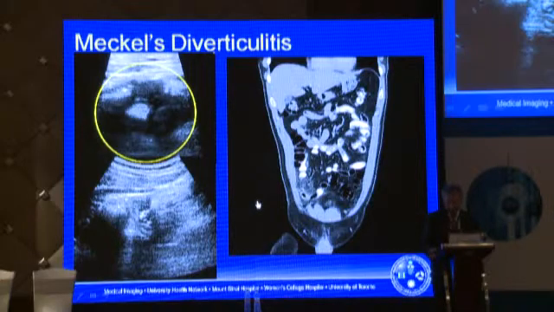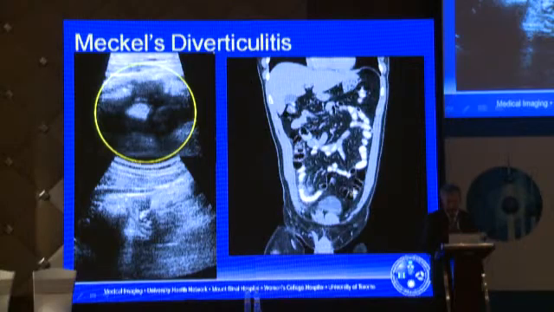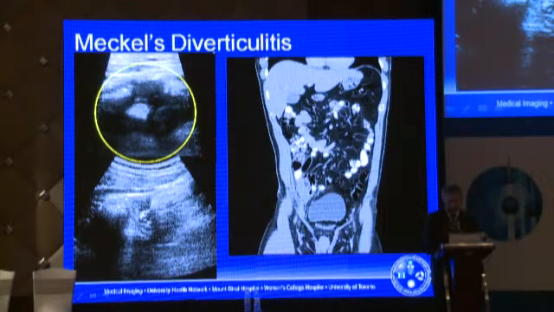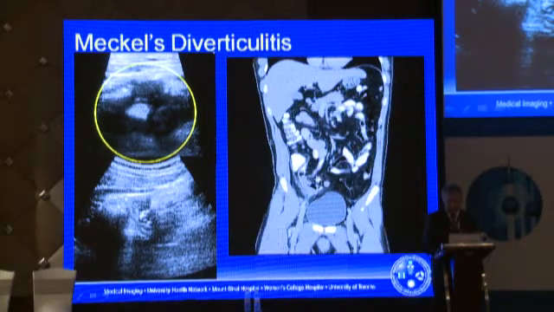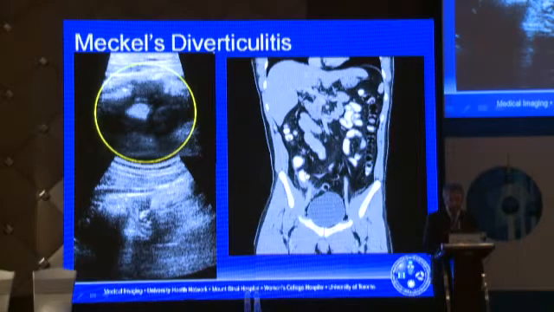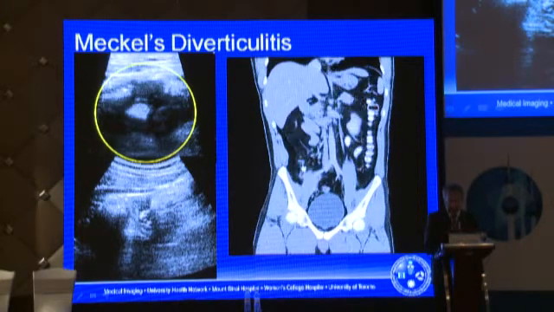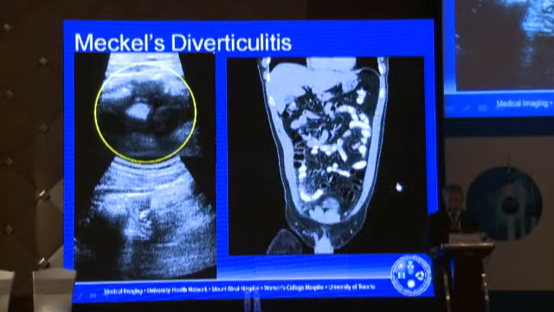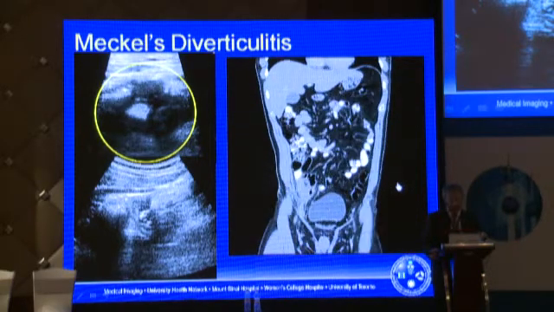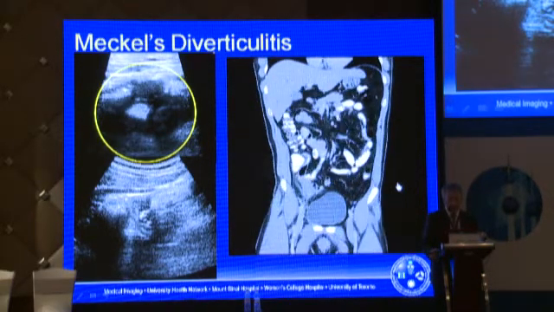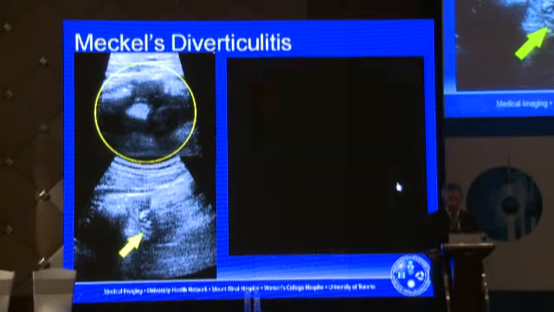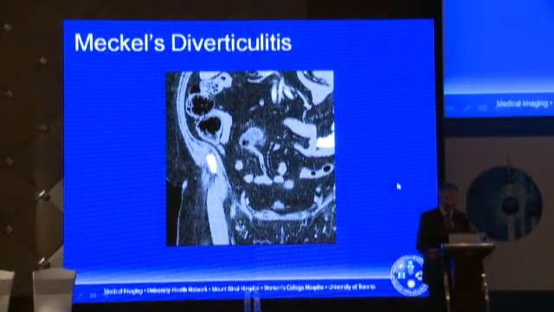And when we did the CT here, we can see the inflammation. There's the Meckel's diverticulum there, and there's a normal appendix more posteriorly back here somewhere. We've just gone through it quickly there. So remember Meckel's diverticulitis, and you will occasionally make the diagnosis.